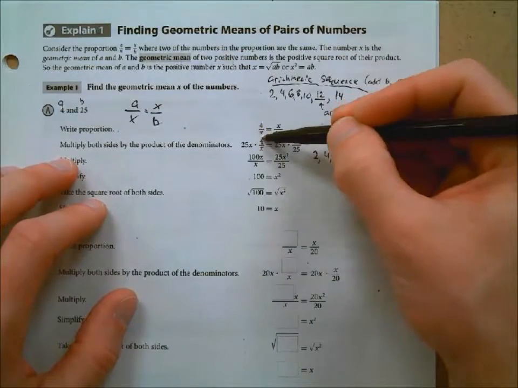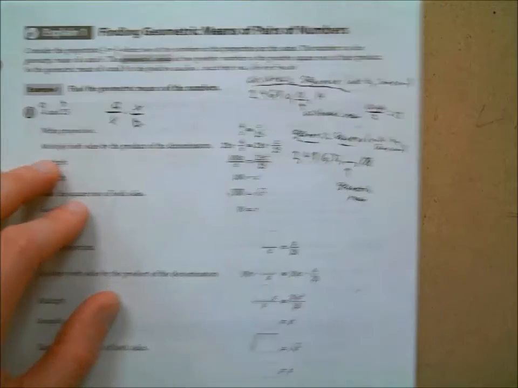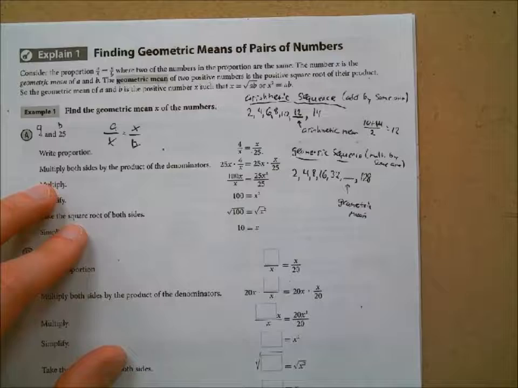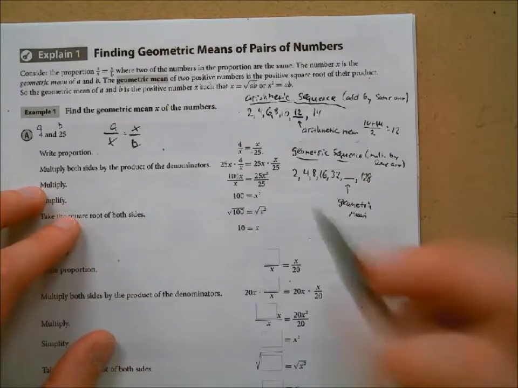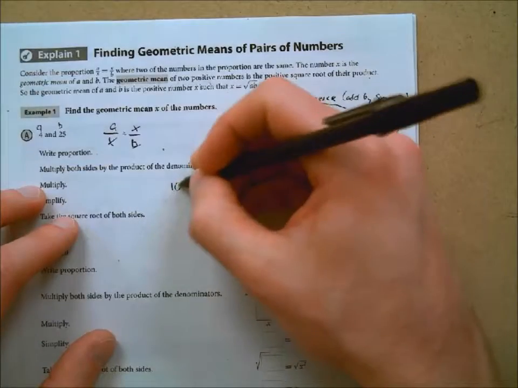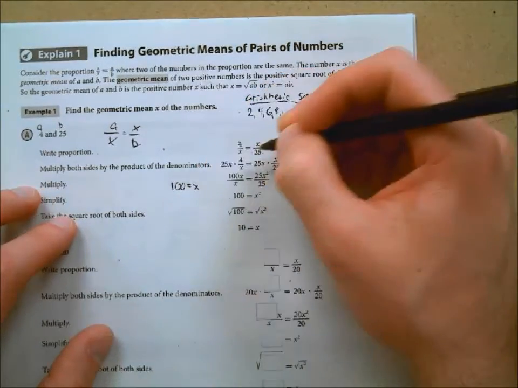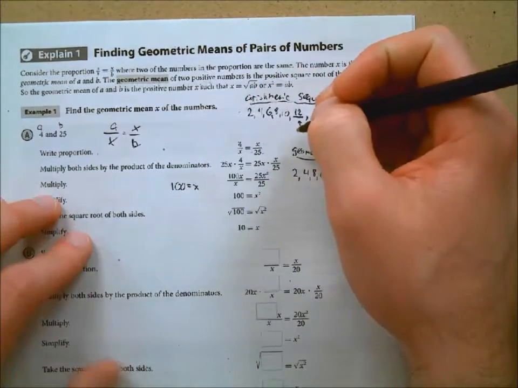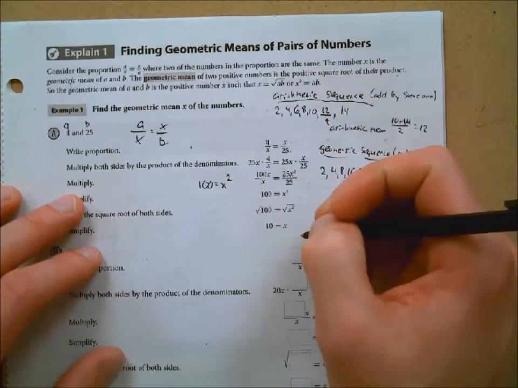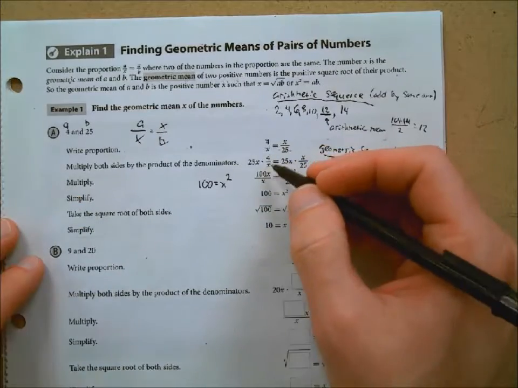So if we set this up then, we get 4 over x equals x over 25. We can cross multiply, 25 times 4 and x times x. So 25 times 4 is 100 equals, and then x times x, what does that give us? X squared, right?